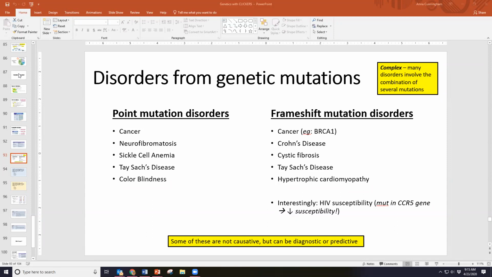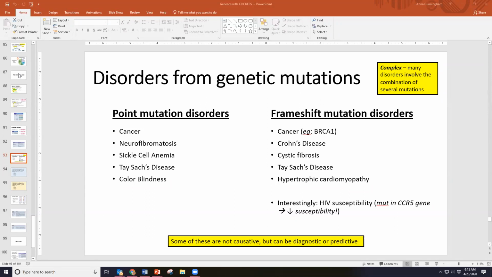Sort of an interesting thing is that some of you may have heard that there are some people that have a natural resistance to some infectious diseases. Most notably, we know that there are certain individuals in the population that are less susceptible to HIV. Those individuals have a mutation in a gene that codes for a cell surface protein called CCR5.